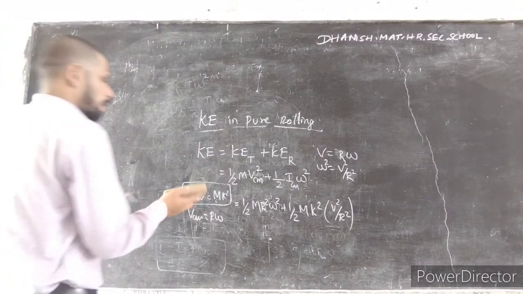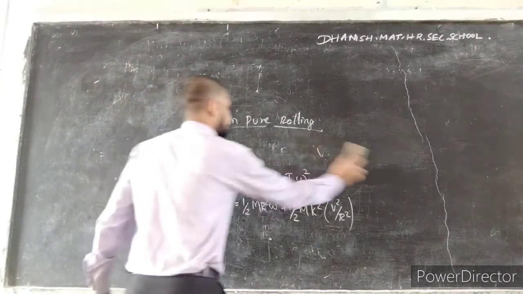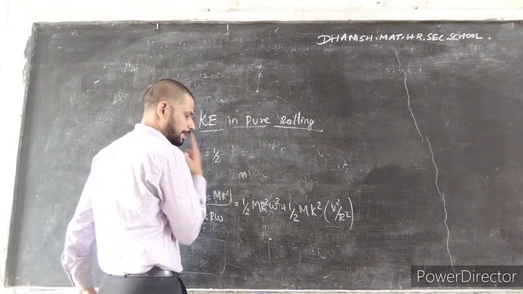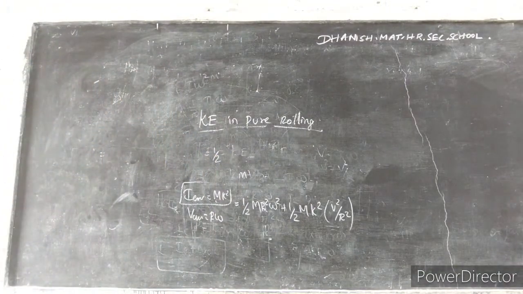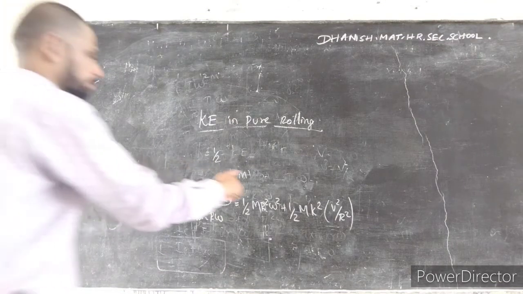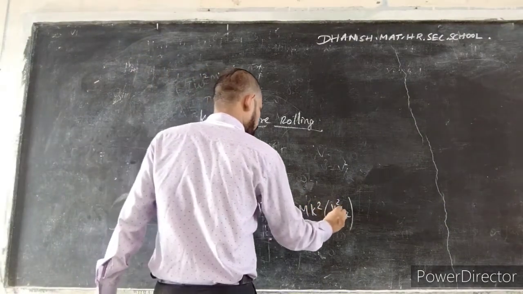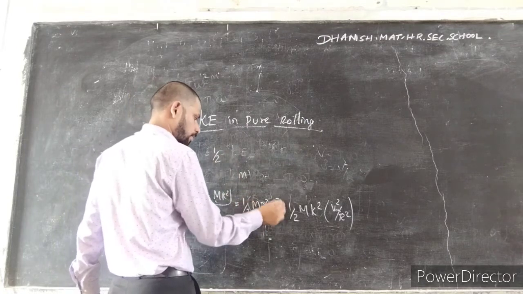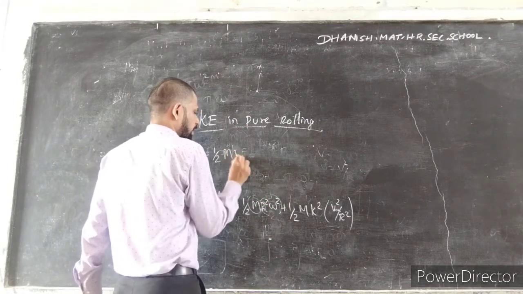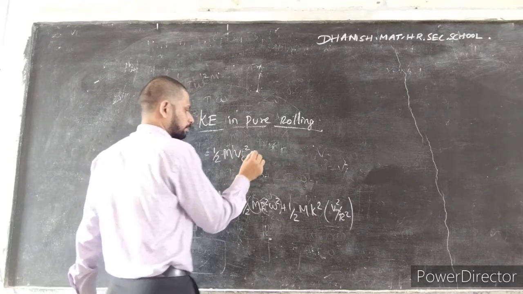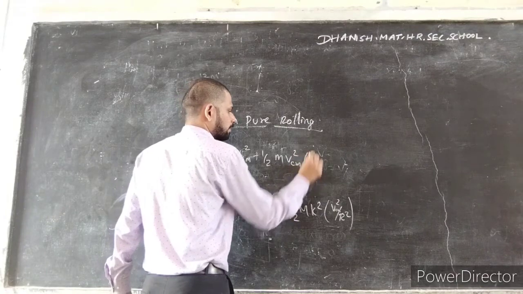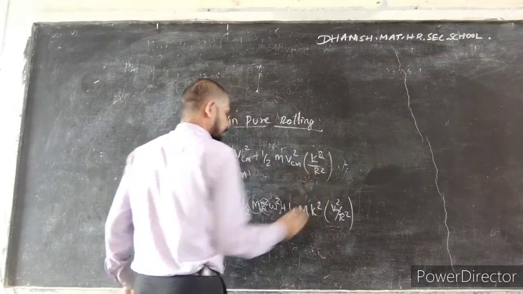So take the common things here. 1 by 2 m R square omega square is nothing but 1 by 2 m VCM square, and here also we have 1 by 2 m VCM square k square by r square.